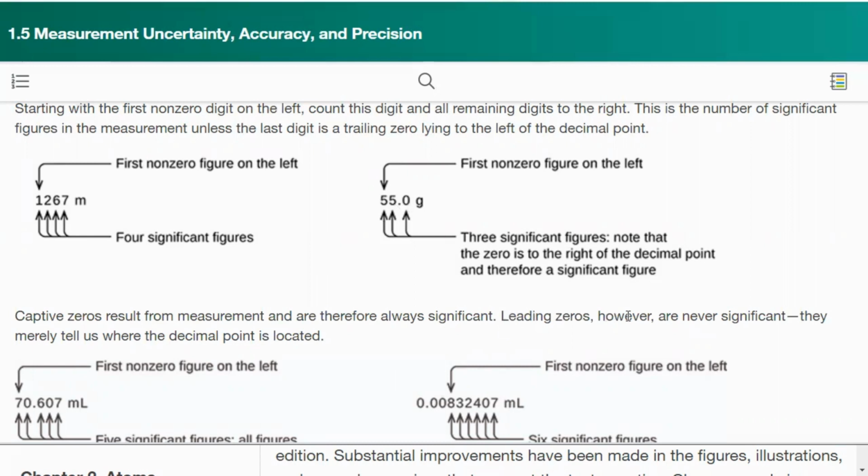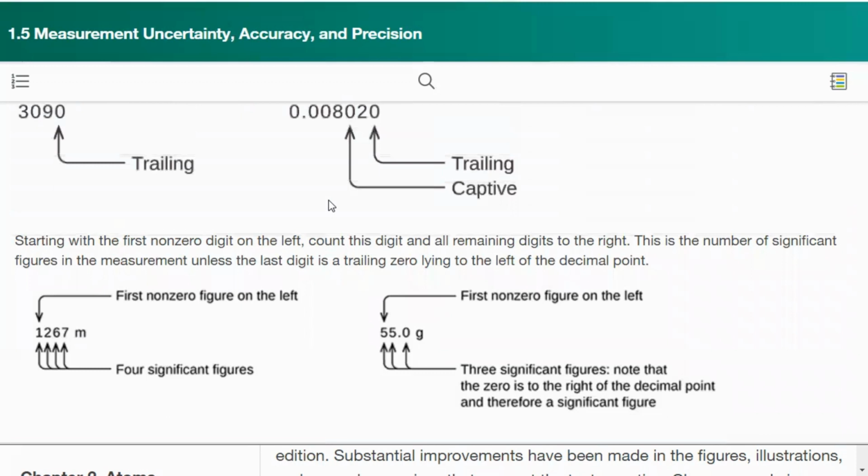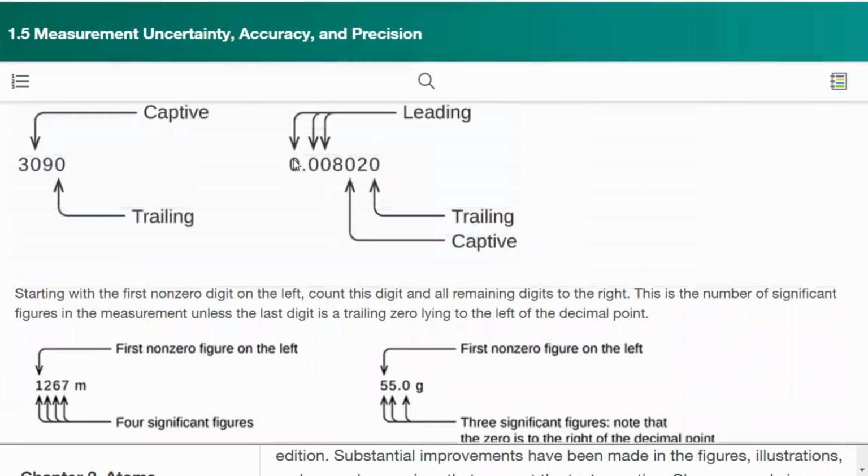When it says leading zeros, however, are never significant, it's never significant if it's a leading zero if there is no non-zero number here. If it is 0 in front of the decimal point, then these are all leading zeros in this case.